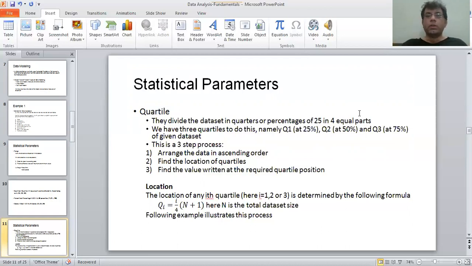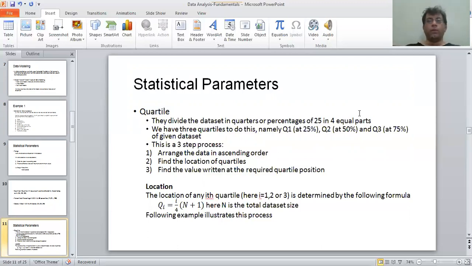The second one, or quartile 2, would be at the 50th percent point in the data set, which is the middle position, remember. And the third quartile Q3 would be at the 75th percent point on the data set. So they are at 1 upon 4, 2 upon 4, and 3 upon 4 points on the given data set.